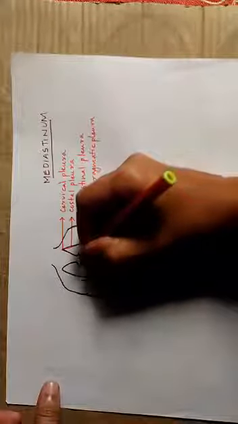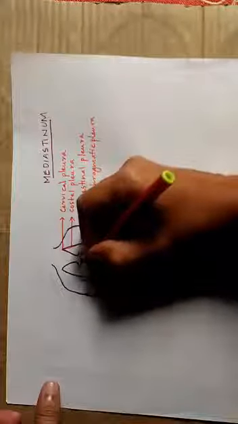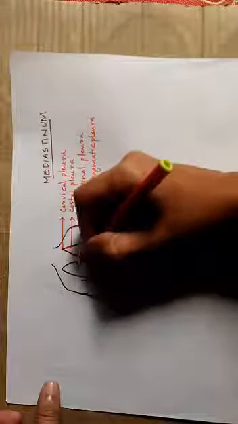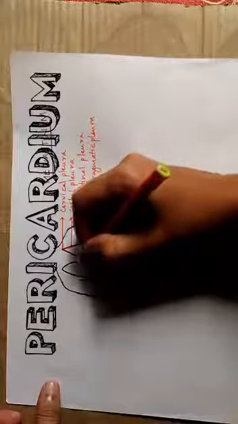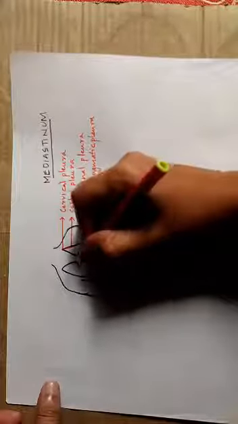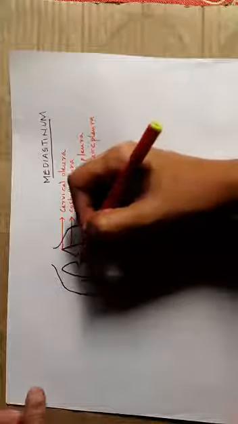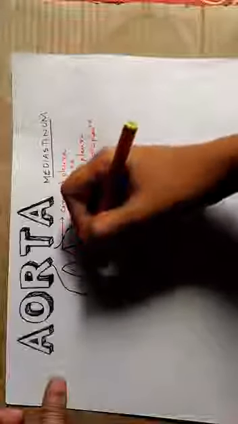Here lies the heart. It is protected by a covering called pericardium. So the heart lies in the pericardial sac. One of the main blood vessels coming from the heart is the aorta. At first, the aorta originates from the heart.